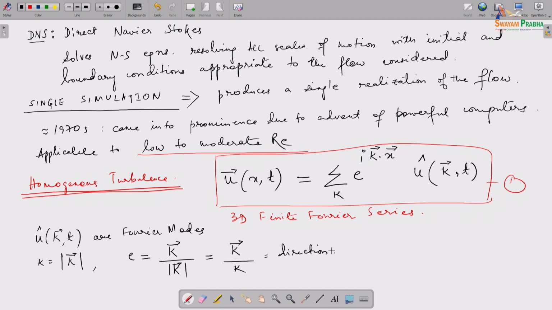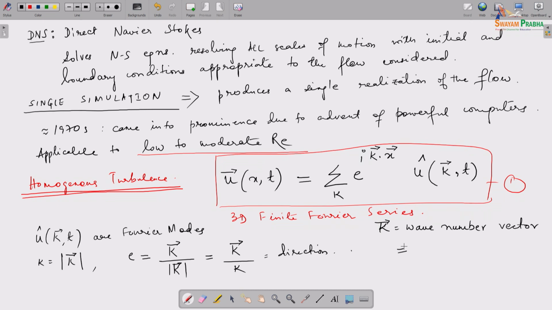Okay, what is k then? What is k? It is the wave number vector.